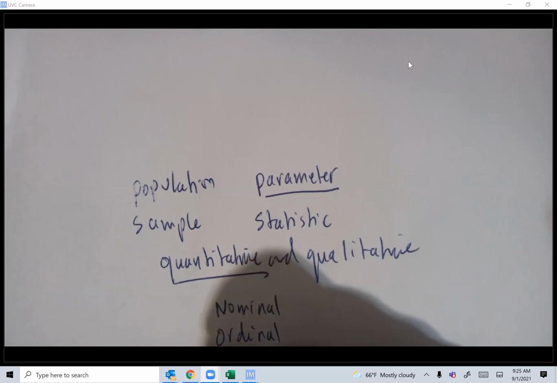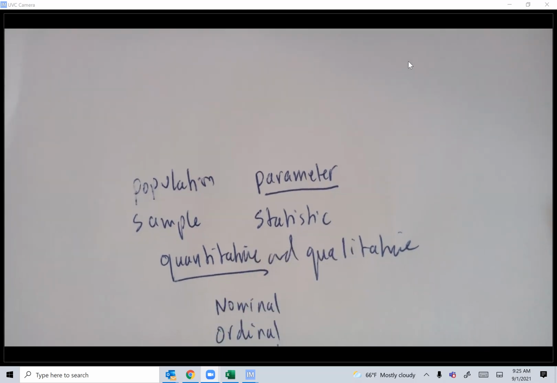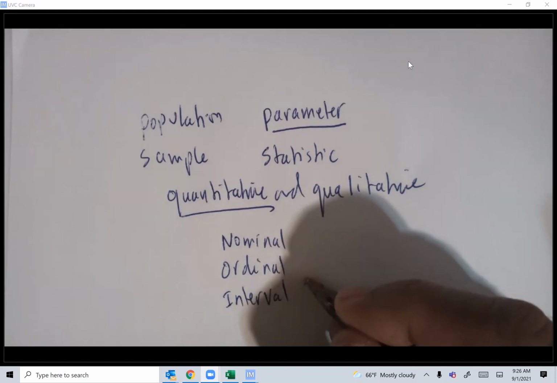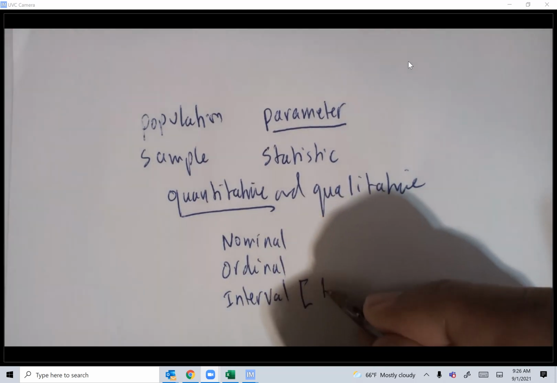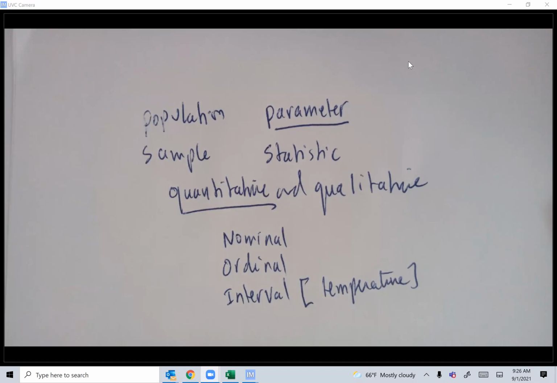And then interval. Interval is quantitative data where 0 means something. So it's quantitative data. The data can be ordered, ranked, but 0 means something. It's not the inherent 0 that means nothing. And we decided, guys, when we met, that temperature was a very good example of data at the interval level.